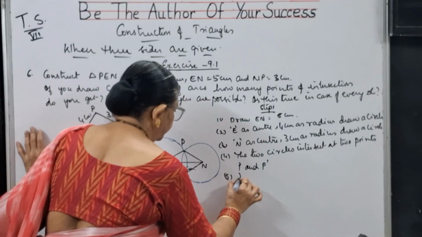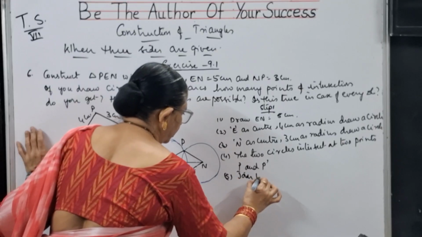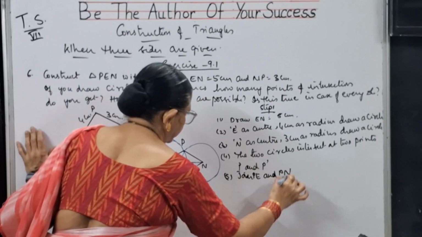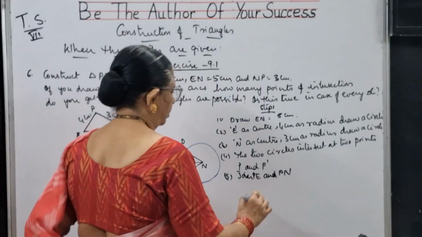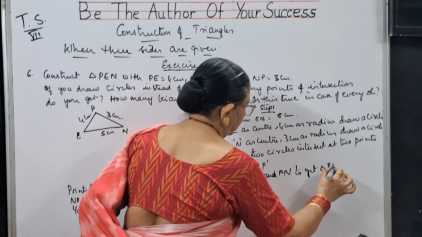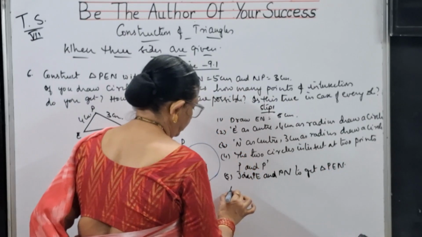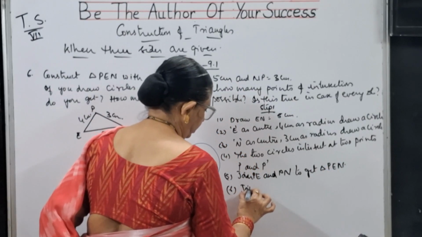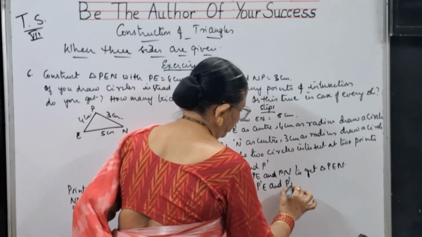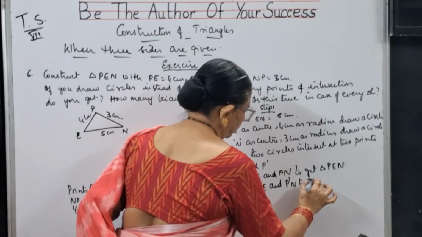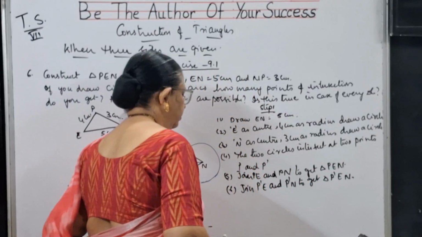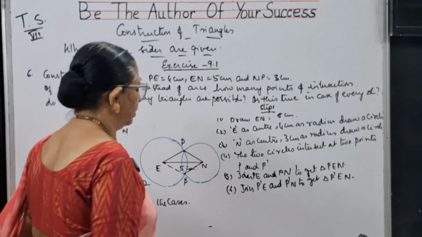Next one, join PE and PN to get triangle PEN. So next one, join P dash E and P dash N to get triangle P dash EN. That's all. This is the construction.